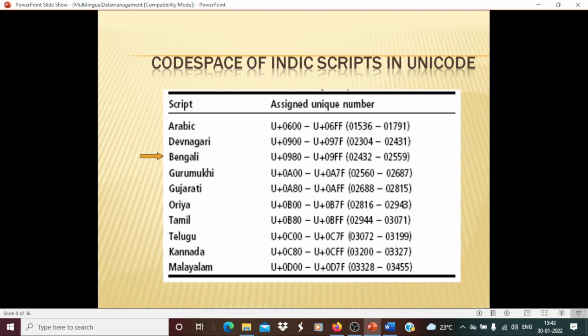Every block has been given 128 characters. If you add 2304 plus 127, the end number is 2431. Then 2432 plus 127 is 2559, and so on. So every Indian language has been given 128 characters, and that's why they have the unique capability of auto transliteration from one character to the corresponding character in another Indian language.